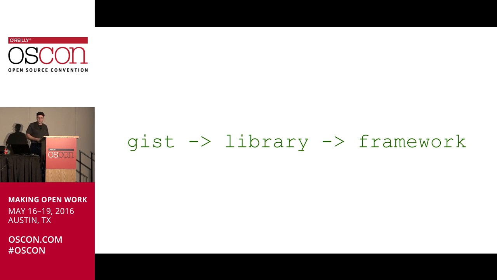Then you get up to a framework. That's where you start getting in trouble. Because my definition of framework is that a framework is something that tries to abstract away the underlying platform from you and possibly even give it a different model. That's what I mean by framework.